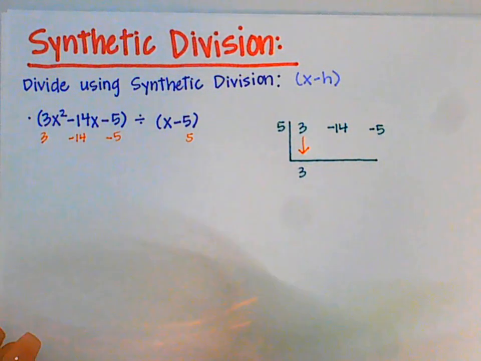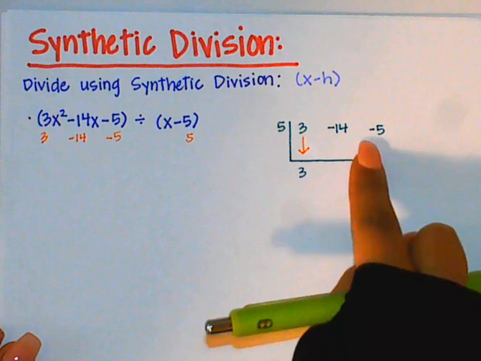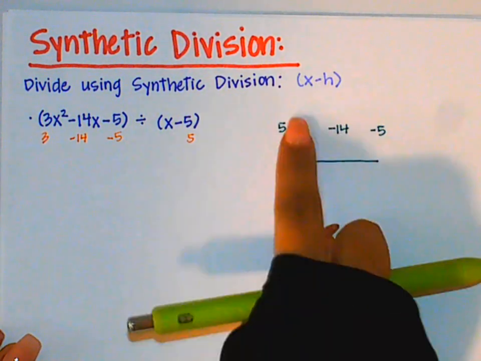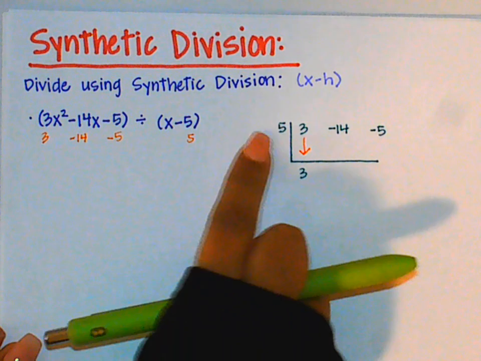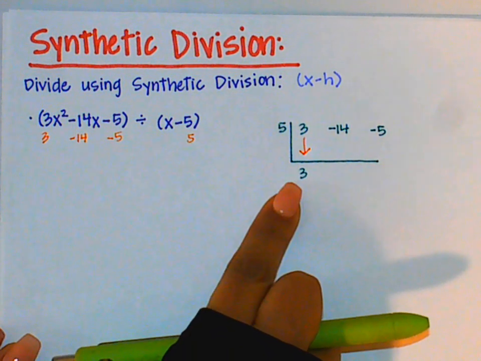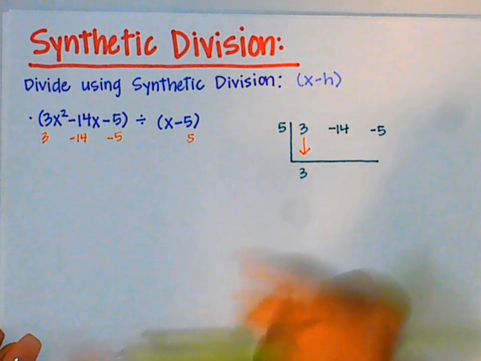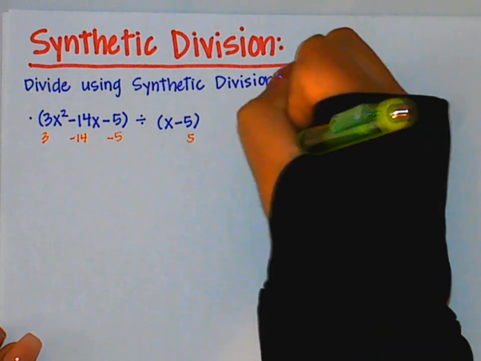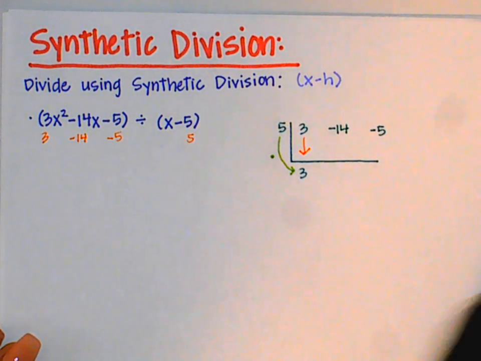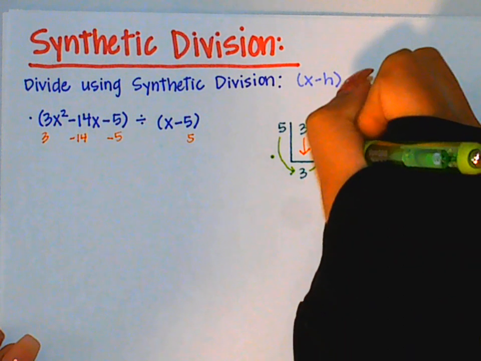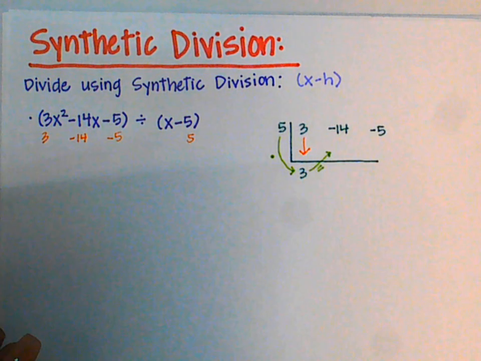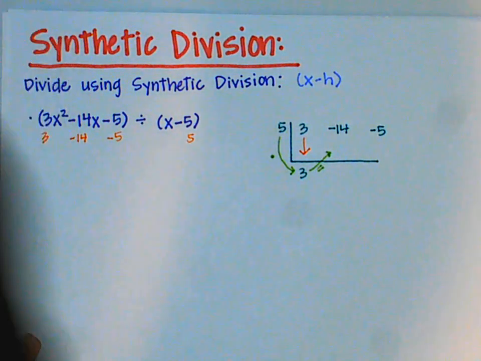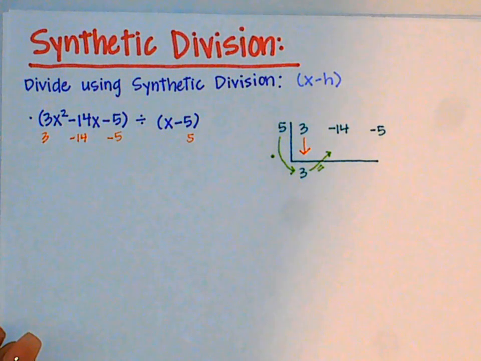Now we're going to be moving in a bit of a zigzag here. The first one gets dropped, so now I multiply 5 times 3. So 5 times 3, here's a little dot for multiplication, equals 15.